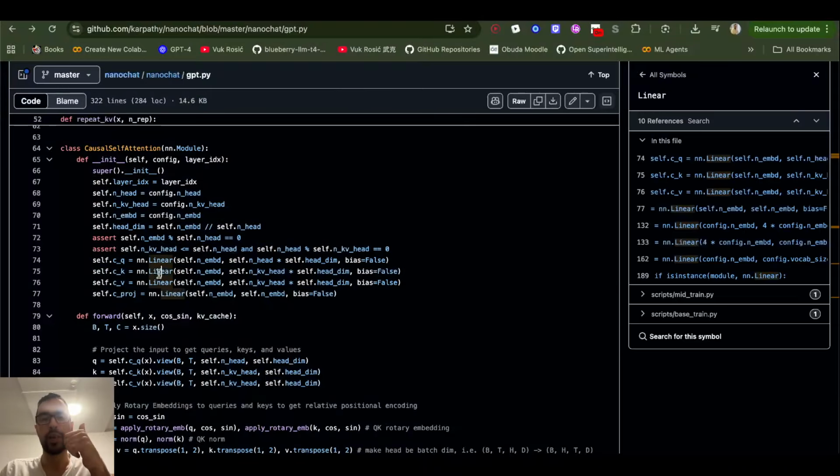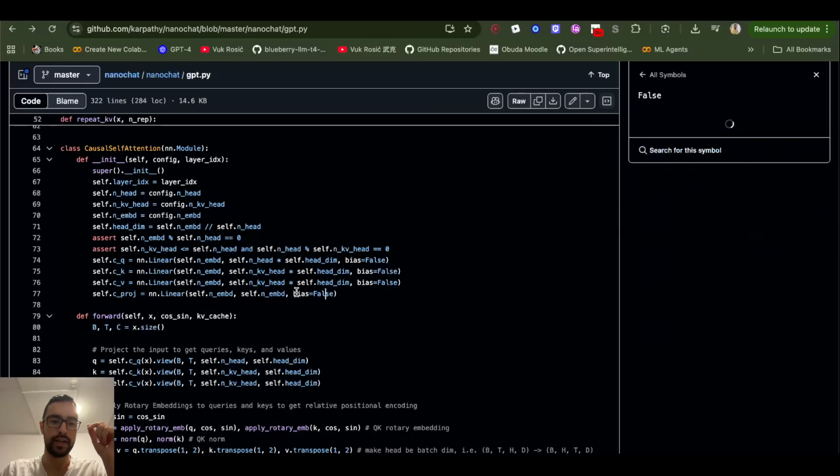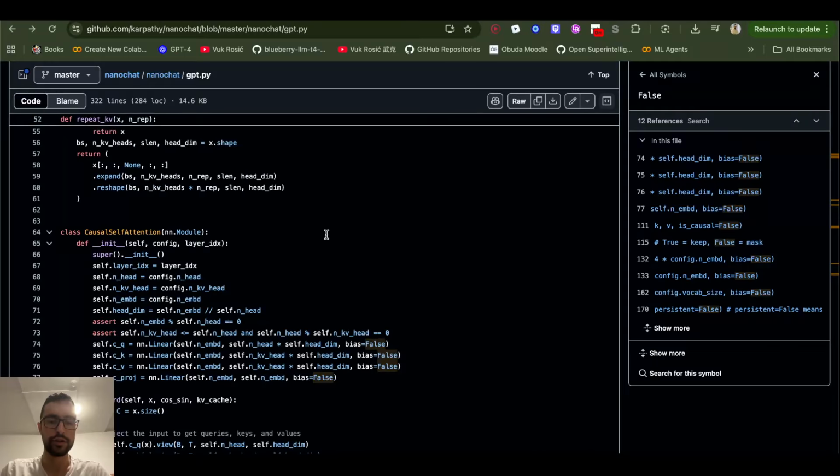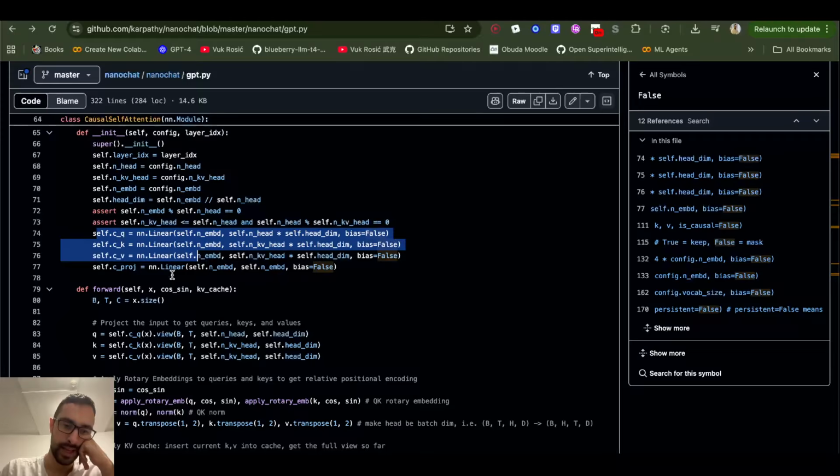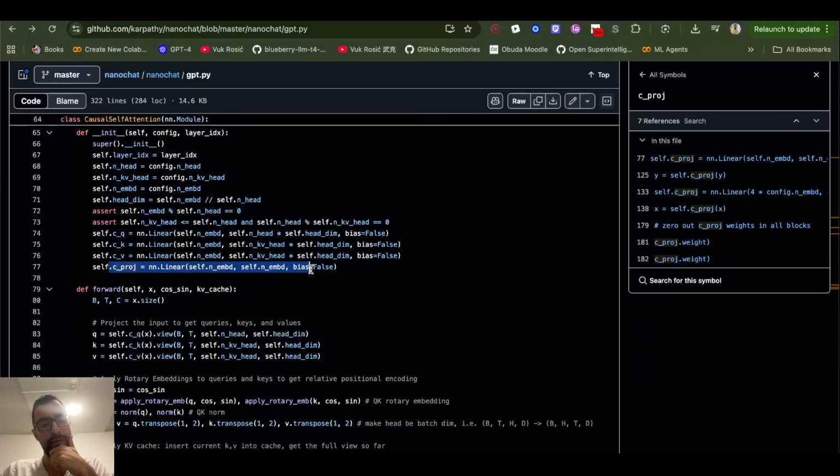You take just one linear layer that goes from the embedding dimension to the sum of all these dimensions combined, and the output will be one big 1D tensor, and then you split depending on how long you need key, query, value. That way you just do one operation and you move this into memory once. And then this is the projection. I don't remember what this projection is.